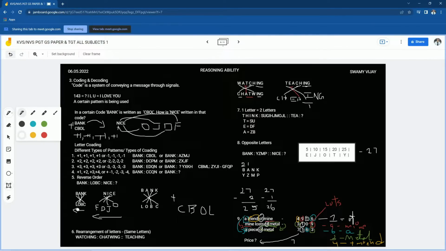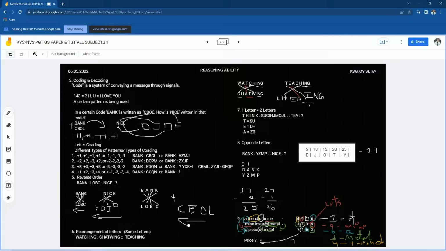Yes, sir, given but in reverse order. So once you read this LOBC, you will understand that there is some difference. Now if you read from the back, CBOL, then you understand that it is arranged in reverse order. So there are two steps.